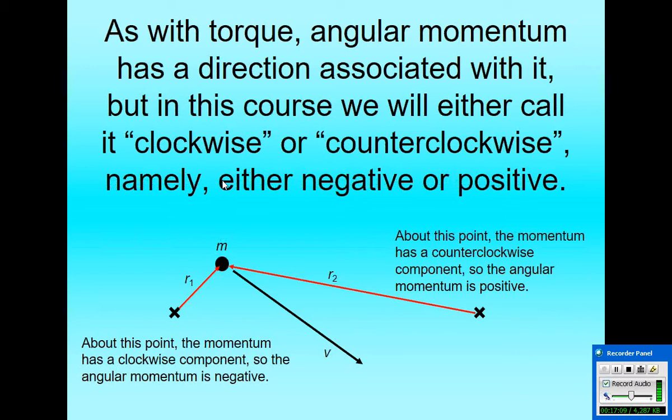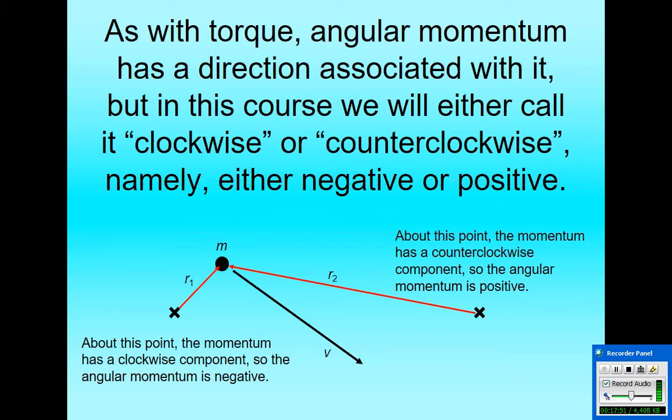But perhaps strangely, if you're standing at the x on the right and the ball is in the exact same location as it is now, moving with the velocity that you see, then in that circumstance, the ball actually has a counterclockwise orientation to its motion. And you would say that the angular momentum, therefore, is a positive quantity. So this is a little bit weird. One person can say the angular momentum is negative. The other person can say the angular momentum is positive. As long as it can be justified, it's okay.